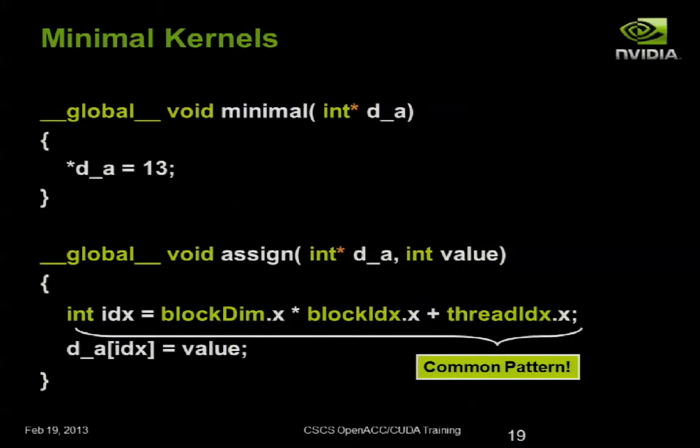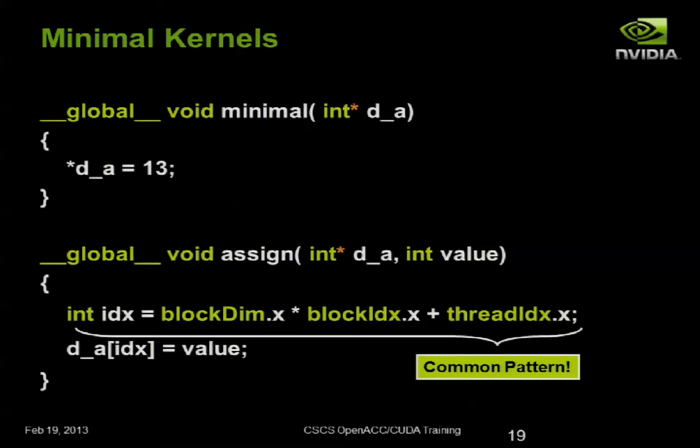A slightly more interesting case is where we initialize an array to a certain value, to an integer value. And so again, we're pulling in the device, a pointer on the device. And now we compute the index of each individual element that needs to be initialized. And this is a fairly common pattern that we see here, right?